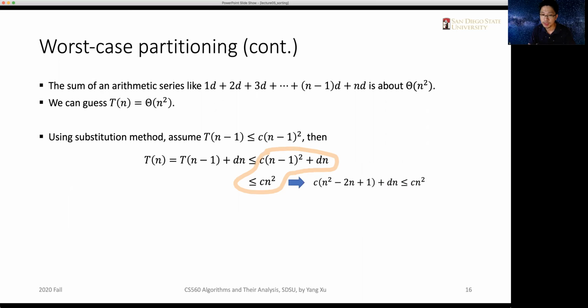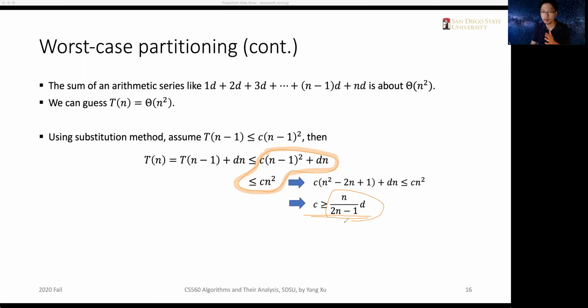And then we can eliminate the quadratic term c times n squared, and then we will have this inequality: c should be greater than or equal to n over (2n-1) times d. So this inequality means that as long as c is greater than or equal to this value, then the inequality will hold. And that is exactly the result we want.